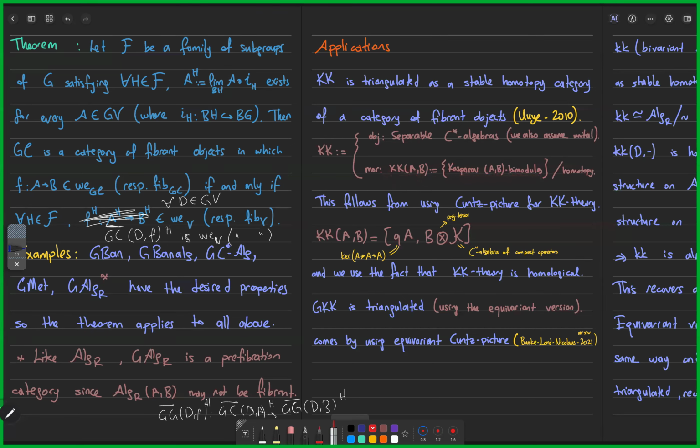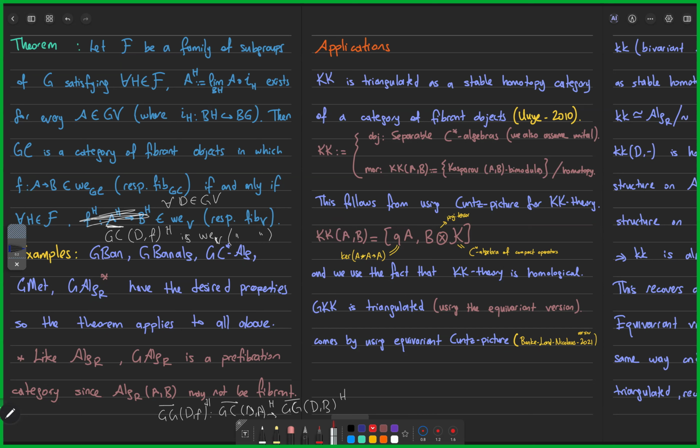But there are many alternative ways to create KK(A,B). One of them is Cuntz's picture for KK theory, due to Cuntz's paper in 1987, which I will give in the references.